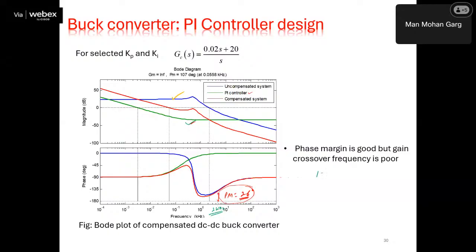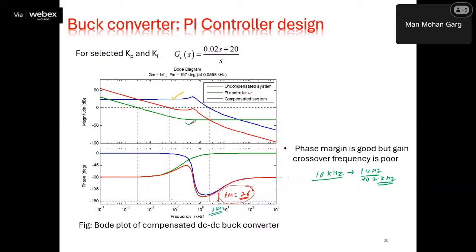Now, what is our switching frequency? 10 kilohertz. So what should be our gain crossover frequency? 1 kilohertz to 2 kilohertz, right? Definitely, I cannot go beyond this.